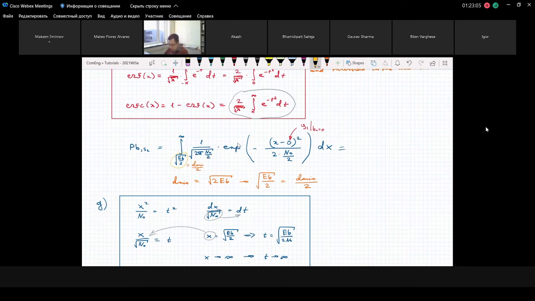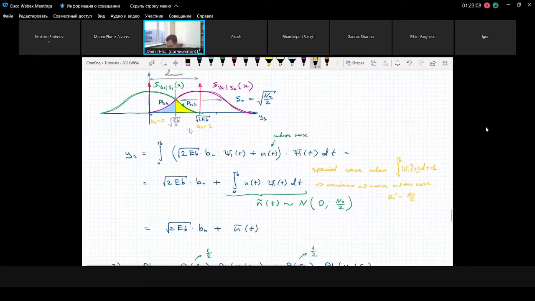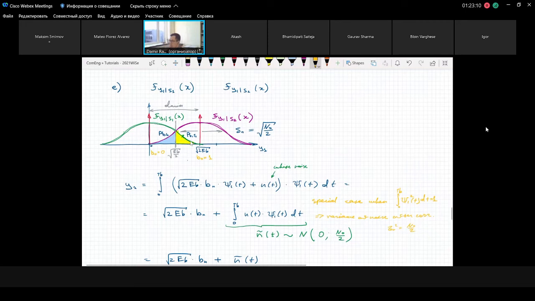We want to find the probability that we will be in this yellow region, so you need to find the area of this region. A very simple idea: you have a curve, and you need to find the area under it.